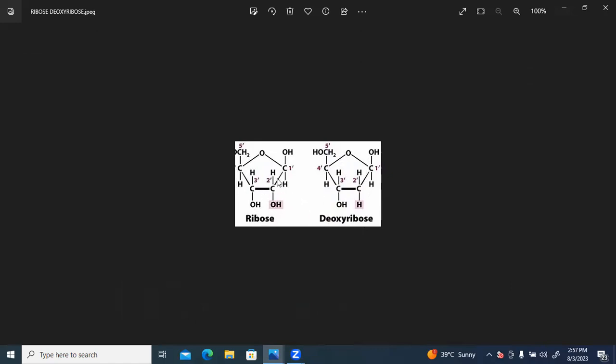The only difference lies in the position of carbon 2. In ribose sugar, we have an H and OH, whereas in deoxyribose sugar, both the carbon bonds are hydrogen and hydrogen. So this is the major difference between the DNA and RNA. Because of this, DNA is more stable than the RNA. This is one of the reasons.